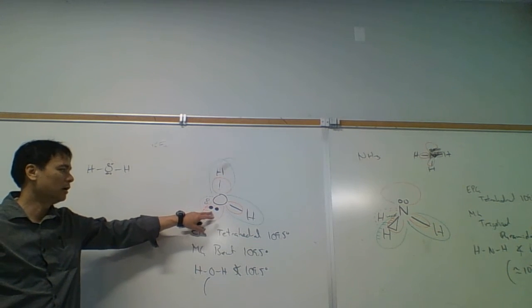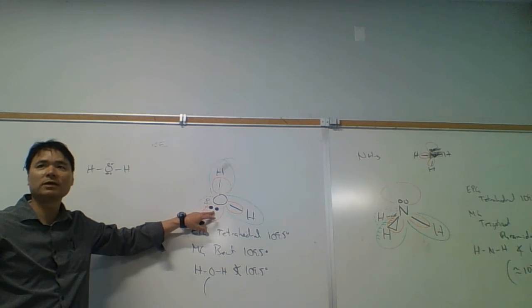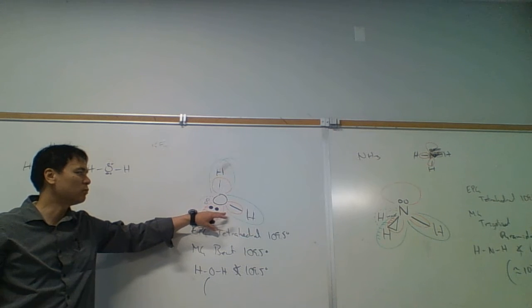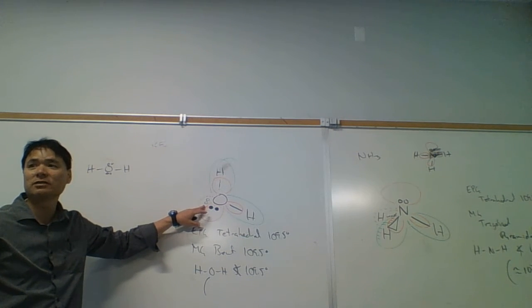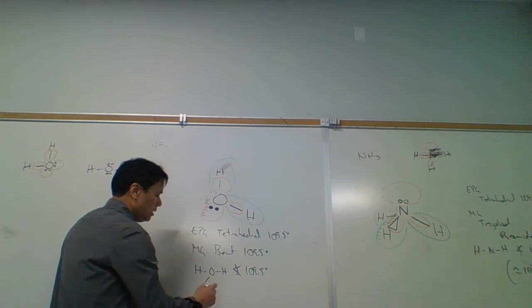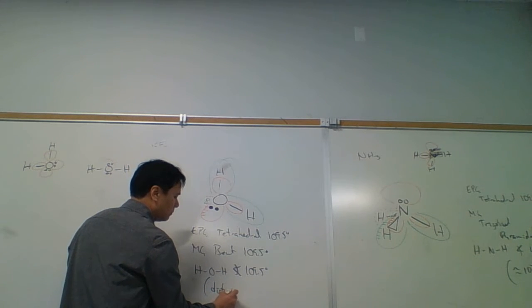And so we're going to go from 109.5 to 107.5 because of this lone pair, and then from 107.5 to 105.5 because of this second lone pair. So the two lone pairs are going to result in a 4-degree compression. And so what we'll just say is distorted, it's going to be about what?